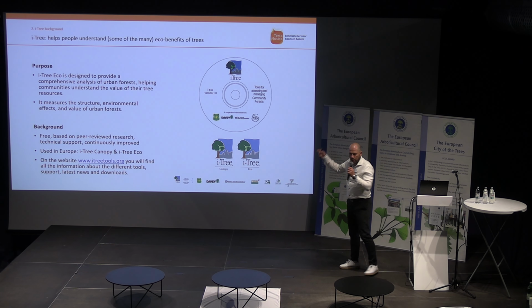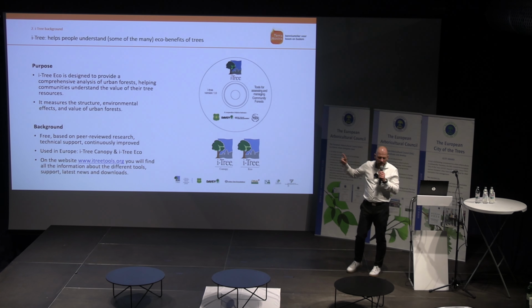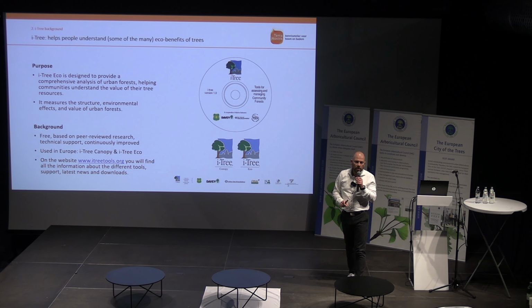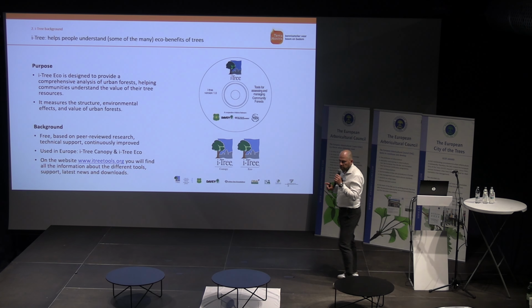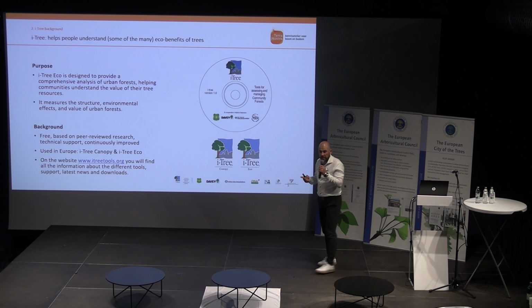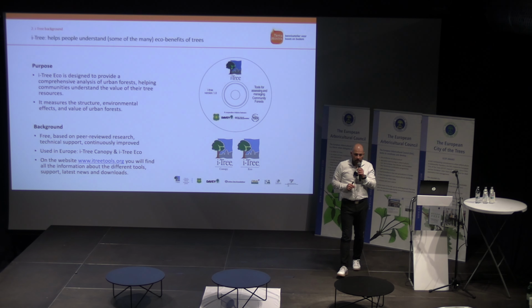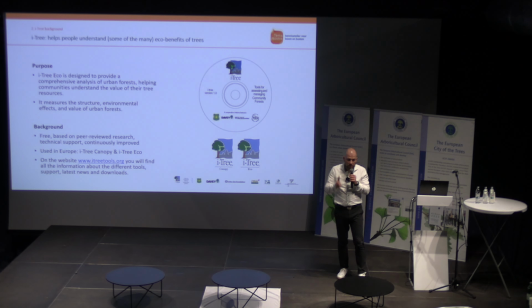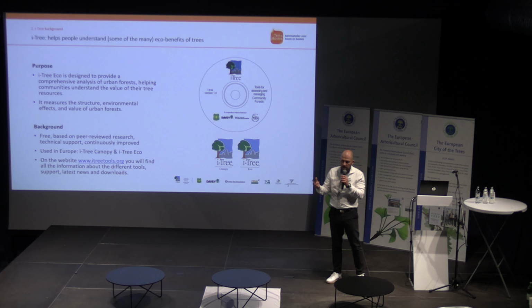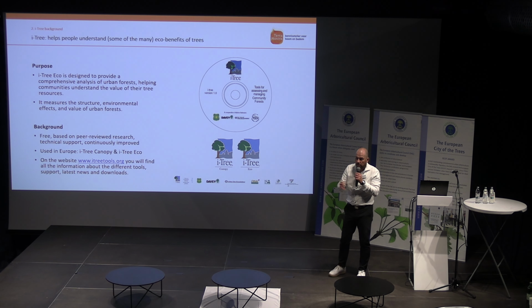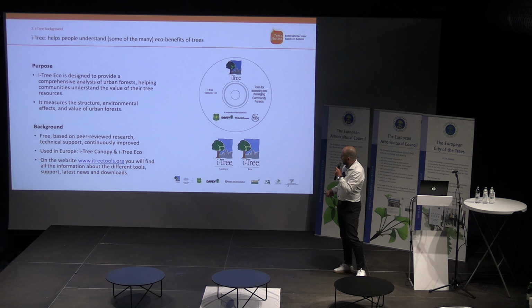So I'm really happy that I can share something about the background, because i3 has been there already for many years. The first release of i3 was back in 2006 in the United States. i3 was developed by the USDA Forest Service, Davey, ISA, and with several other partners that are mentioned here.